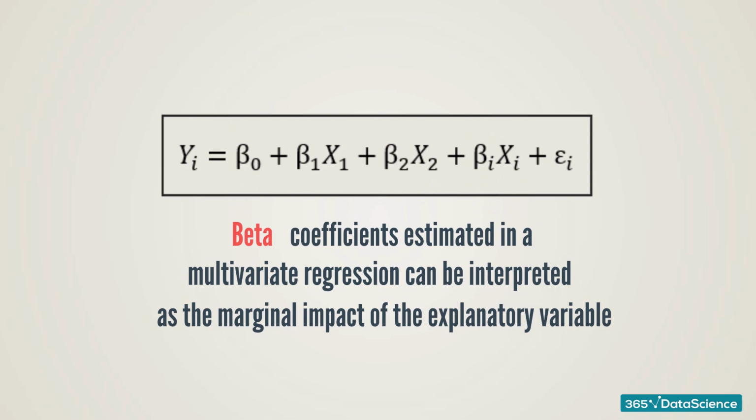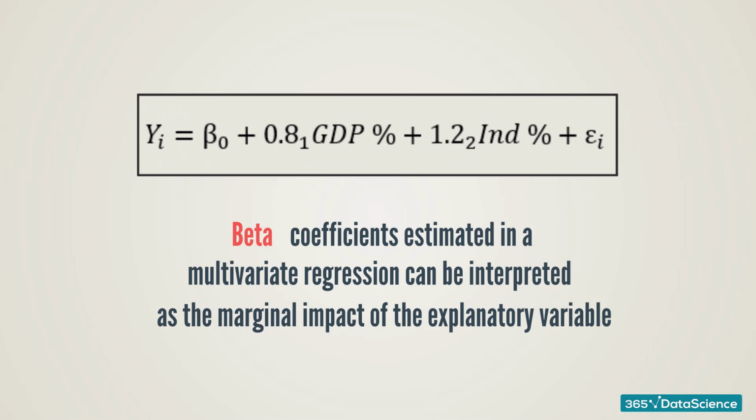Please know that the beta coefficients estimated in a multivariate regression can still be interpreted as the marginal impact that an explanatory variable has on the dependent variable. But this is only true if all other explanatory variables remain constant.